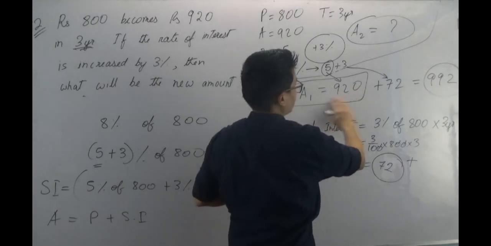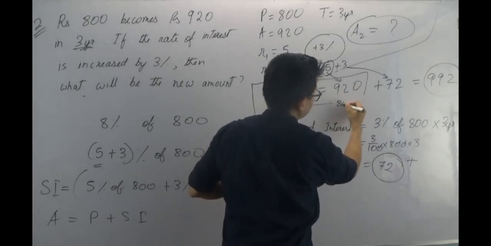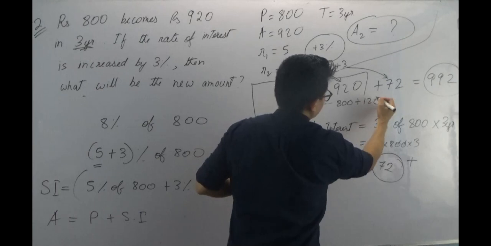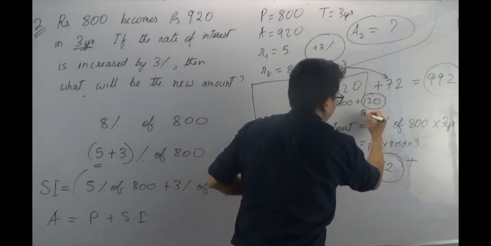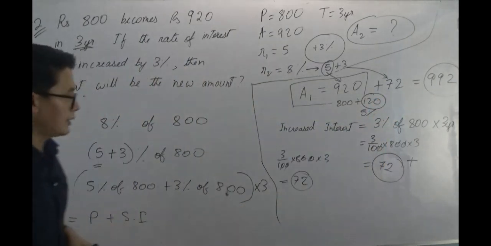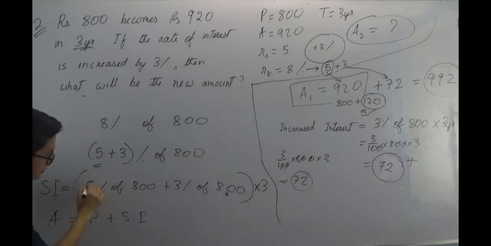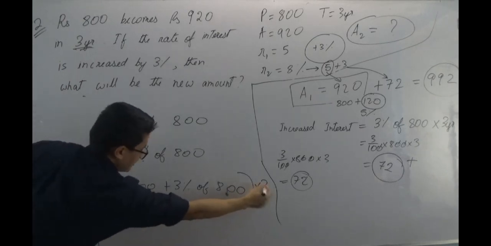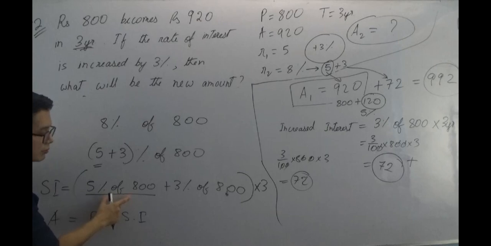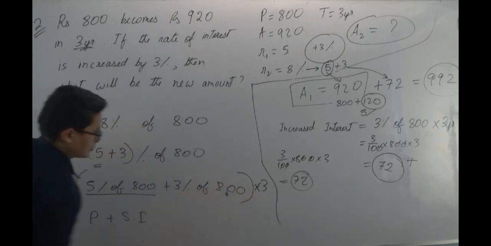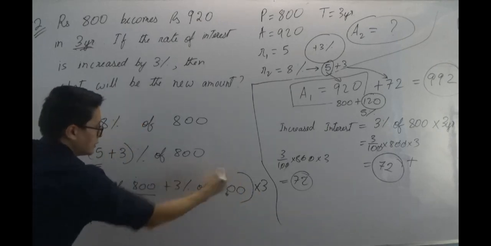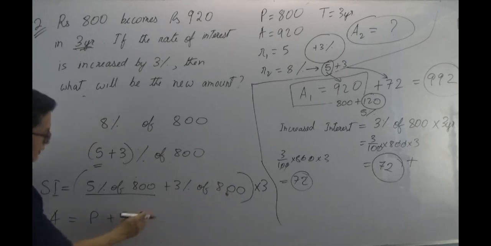Here the principal is 800, and 800 plus 120 is 920. This 120 is the 5% interest. 5% of 800 for 3 years is 120.